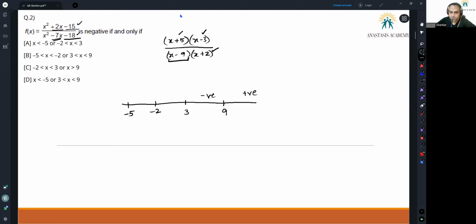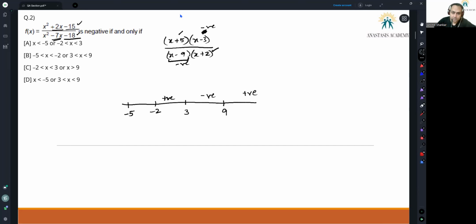Between 3 and minus 2, x plus 5 is positive, x plus 2 is positive, but x minus 3 will also be negative. So you have a negative number in the numerator, a negative number in the denominator, or overall you have a positive number.